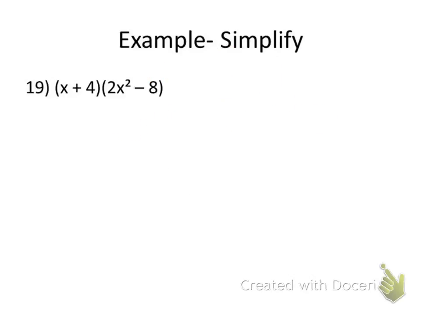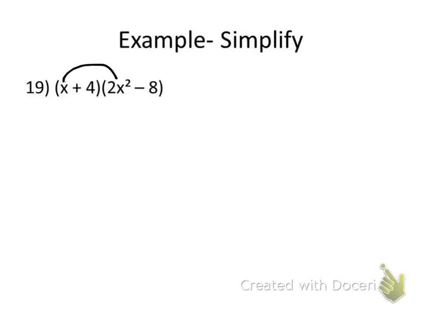All right, here is number 19. Again, we are multiplying two polynomials. In this case, they're both binomials. That's where you double distribute. So I am going to multiply through by the x first.